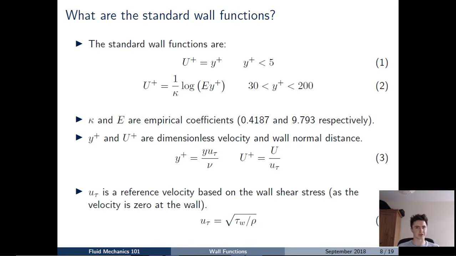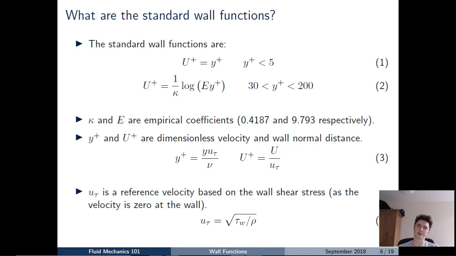This is a reference velocity based on the square root of the wall shear stress. The reason we choose this is because the velocity at the wall is 0, so we need a better reference velocity, because the free stream velocity far away is not really going to be effective here.